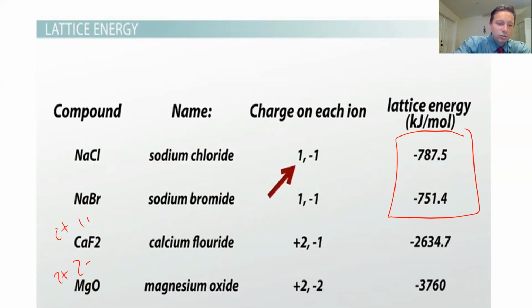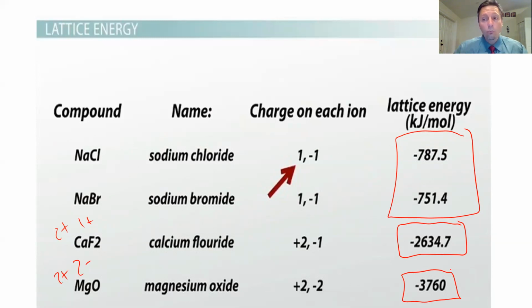This is because this is just a 1+, so you do have a little bit less of a charge attraction because of that 1+. Look at the energy needed to break calcium fluoride. It's very high. But look at that 2+ and 2- held together. It's a lot more. It's basically almost 1,000 kilojoules per mole more. So the higher the charge, typically you're talking about stronger attraction, higher melting boiling point.